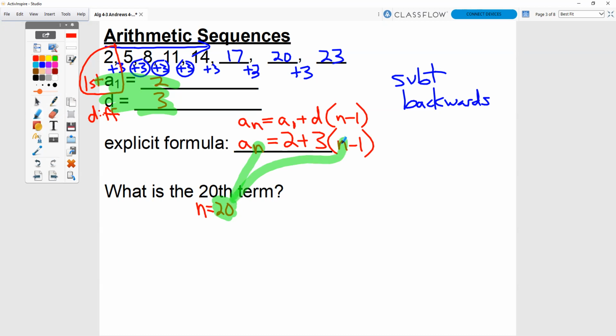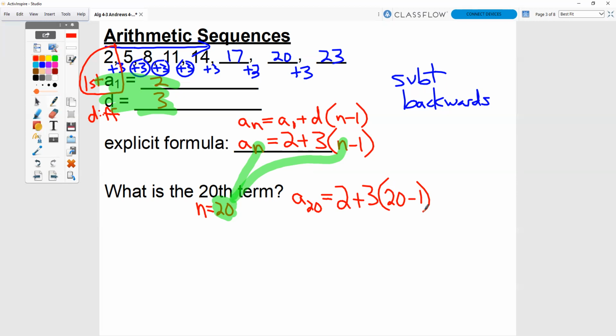Instead of a sub n, I want a sub 20 equals the first term, 2, plus the common difference, 3, times 20 minus 1.